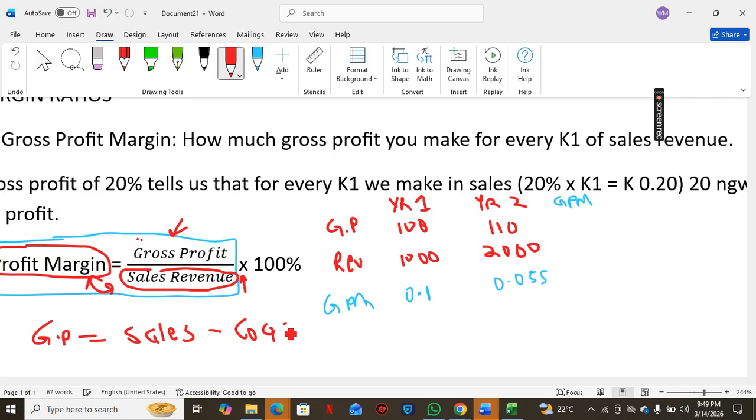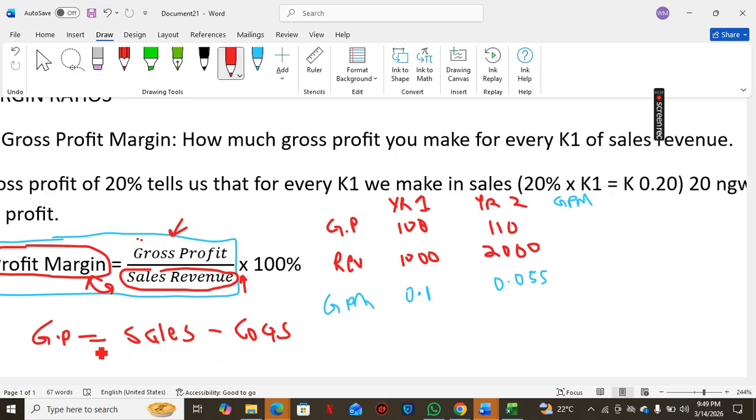The sales revenue can look good, it can be a very huge amount, but this profitability ratio wants to know, out of that sales revenue, how much have you taken as gross profit?